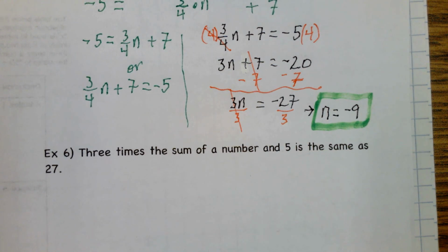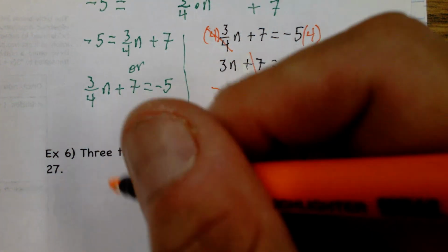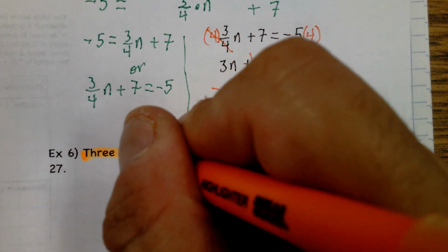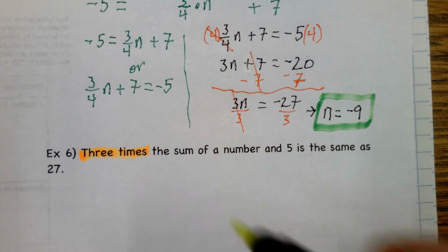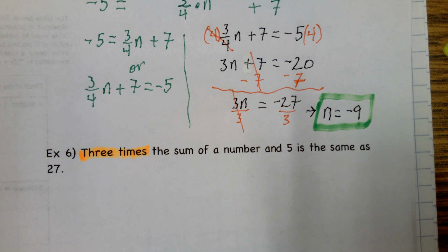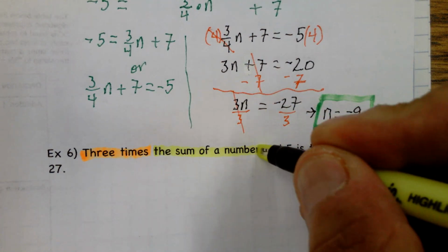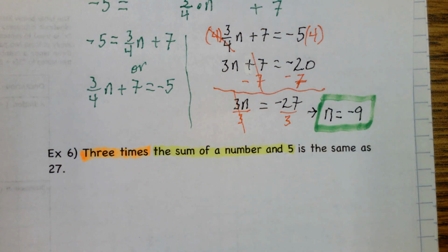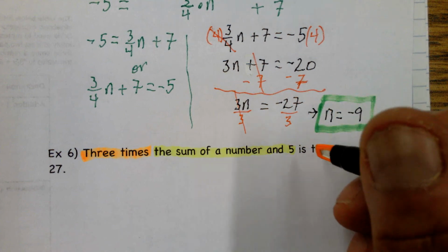Now we saved the best for last. So this one's kind of different. So it says 3 times. So this is our first phrase, just 3 times. Then we have the sum of a number and 5. So my second phrase is the sum of a number and 5. And then my last phrase is the same as 27.